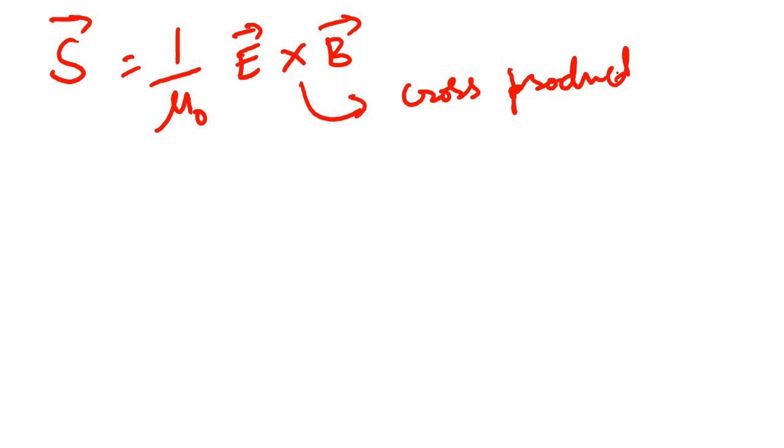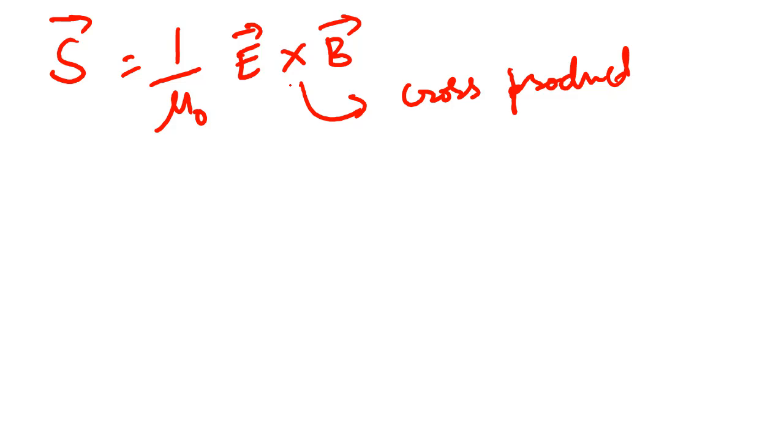Unlike other cases where, for example, when you study kinetic energy, you have no direction there, here the light is propagating in a particular direction, right? So the energy is being transmitted along the direction. And so here we have a vector product to give us 1 over mu naught E cross B. So this gives us the Poynting vector, right?